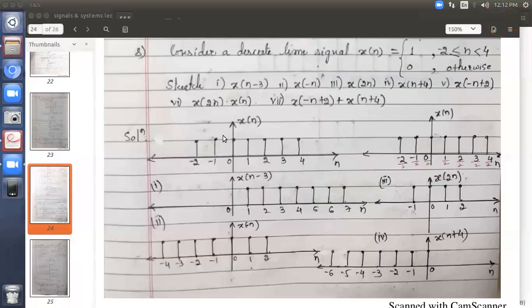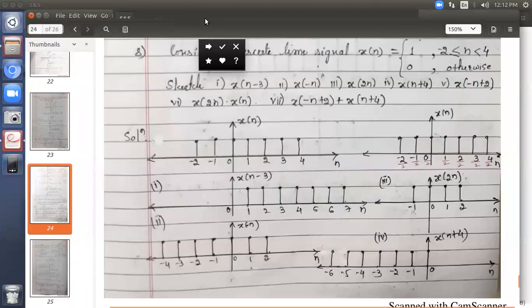Okay, let's not bother about the first internal. Let me complete module 1, then we will go for the internals. Don't bother about the internal. If anybody asks you whether signals and system internal is done, you say no. I want to complete the module first. No hurry. Okay.